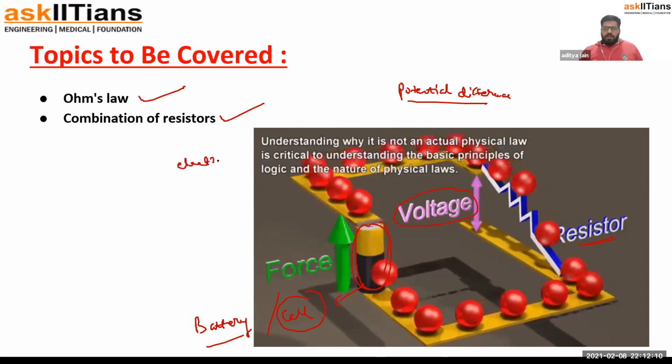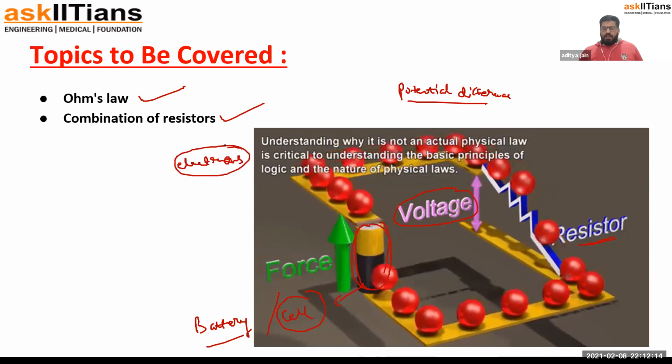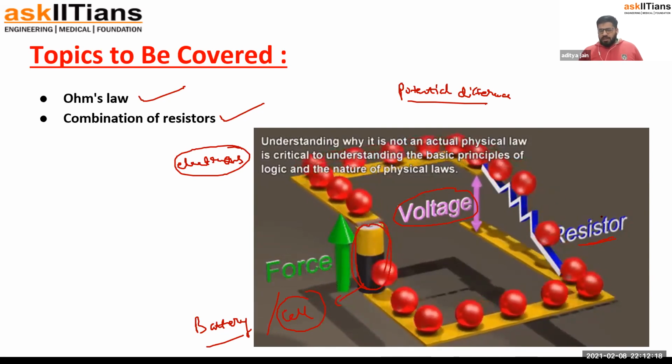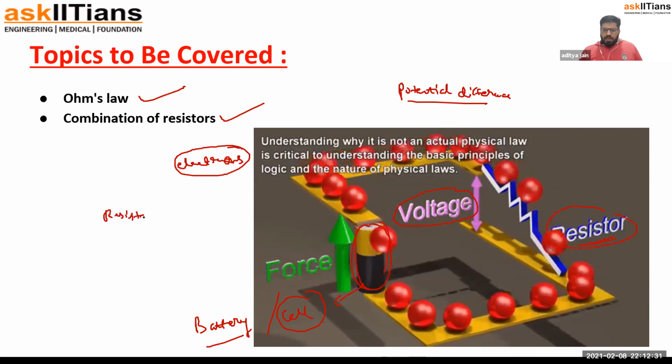Whenever electrons flow in a circuit, it constitutes a current. A resistor has the property to resist the flow of current through that material. That property which provides resistance to the flow of current is known as the resistance of the conductor.